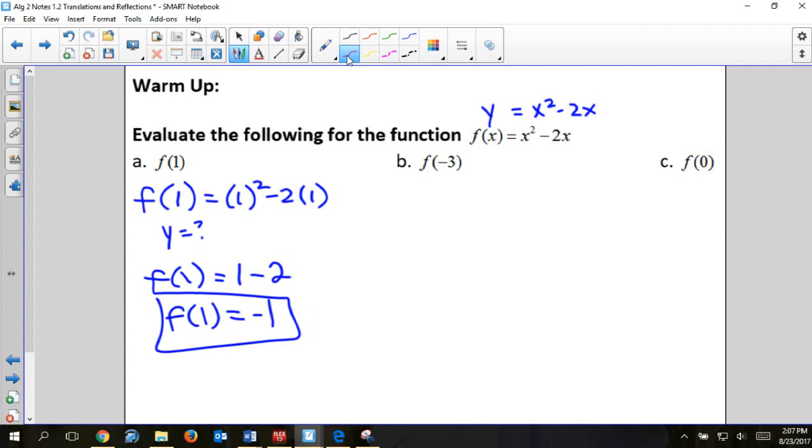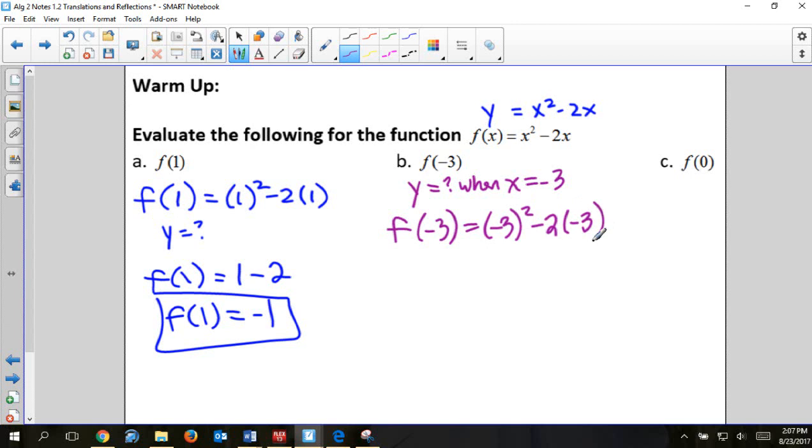If I see f of negative 3, that's the same thing as what does y equal when x is negative 3. So in this equation, wherever we see an x, make it a parenthesis negative 3. So negative 3 squared minus 2 times negative 3.